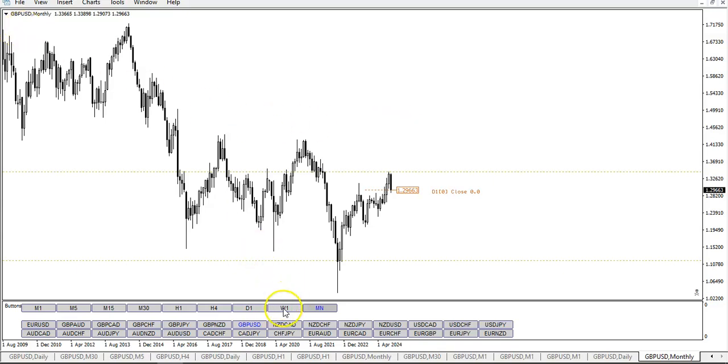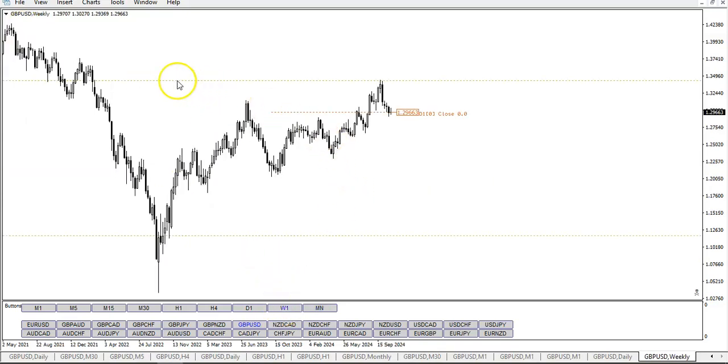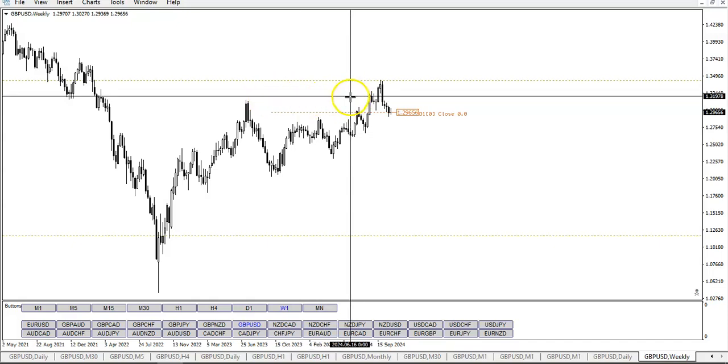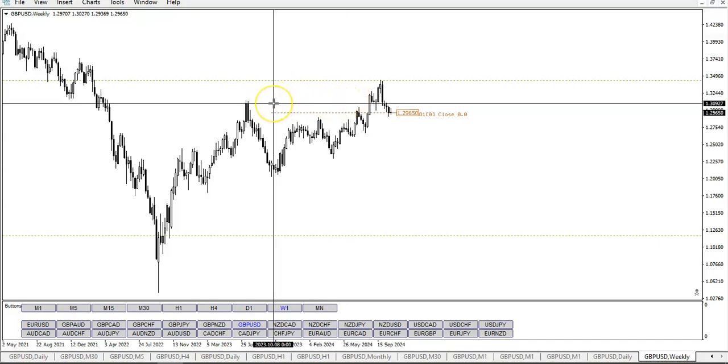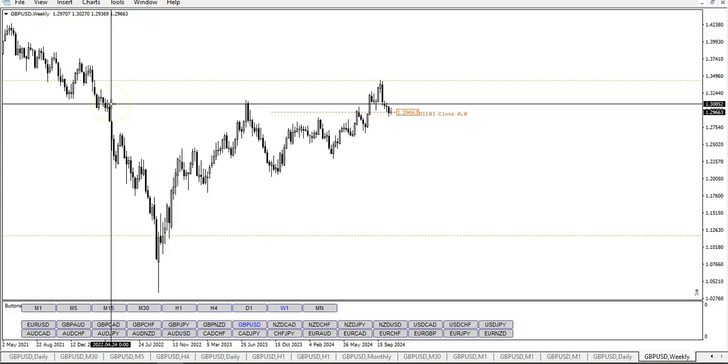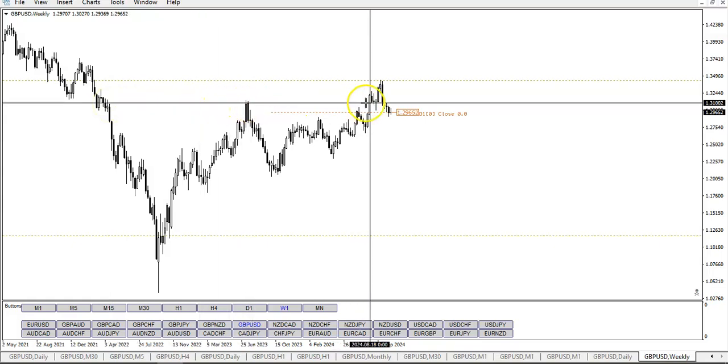So that's the monthly. Now we look at the weekly, and you can see that's pretty much the same. If you look right here, you see higher high, lower high, kind of a 1, 2, 3 level. If you look to the left, you see it hit this level and broke down.